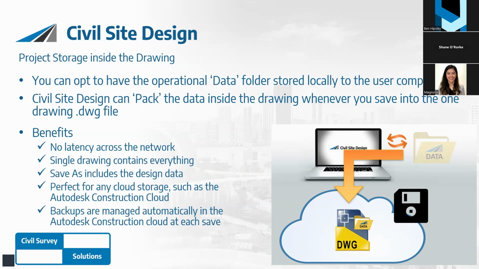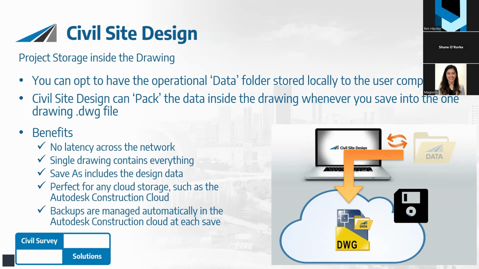This provides a number of benefits. So firstly, you don't get latency across the network if you're running the data locally. That drawing contains everything. So you can do a save as, move it, push it wherever you want, make copies of it, and the data will be there. It is certainly perfect for cloud storage, and as you'll see, the construction cloud manages all the backups and version control.